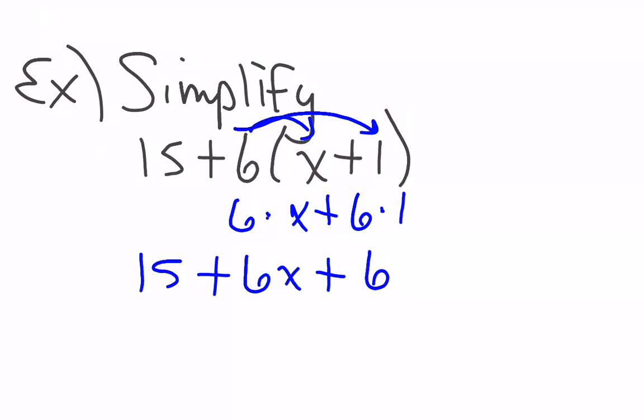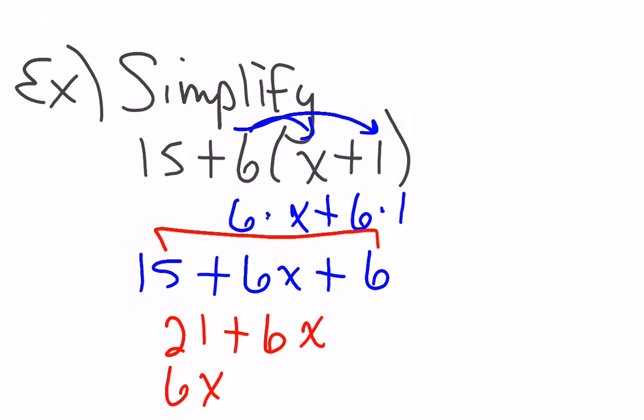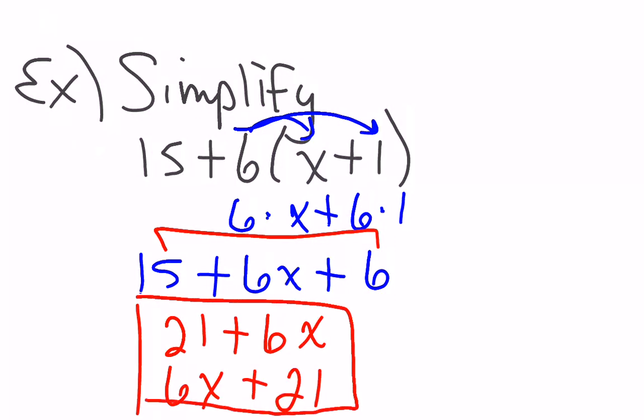And then next we look for any like terms, and we realize that the 15 and the 6 are like terms. So we have to add those together. If you need to use a calculator, that's totally fine. 15 plus 6 is 21. And so we have 21 plus 6x. Or if you wrote it as 6x plus 21, either way, same answer, and it's good.